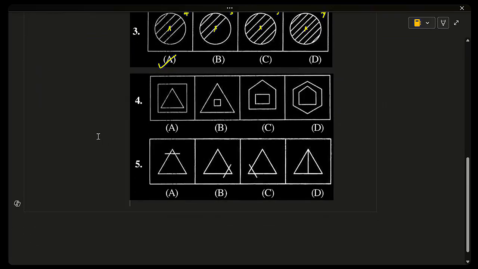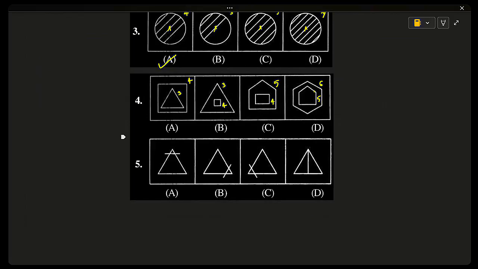Fourth one. Outer figure is having 4 sides and inner figure is having 3 sides. Here outer one 3, inner one 4. Outer one 5 sides, inner one 4 sides. Outer one 6 and inner one 6.